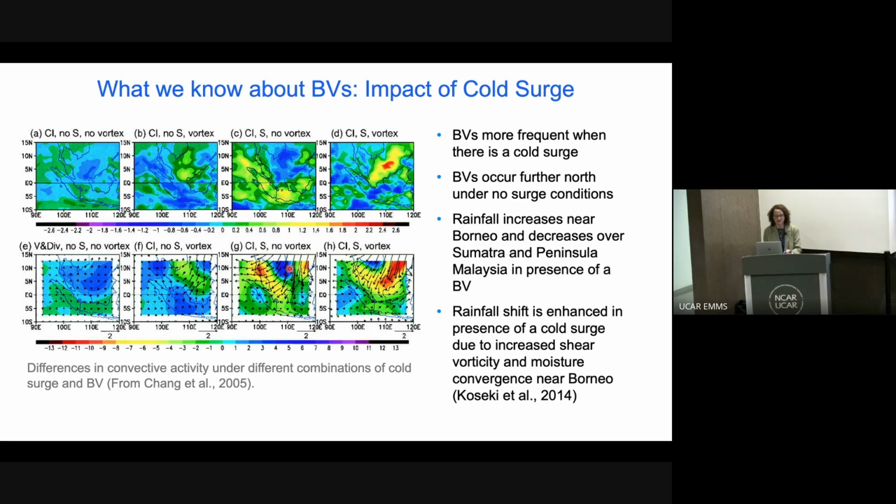If we have the combination of both cold surge and Borneo vortex conditions, we get the highest amount of convective initiation, and the center is shifted again, now to the northern part of Borneo and over the South China Sea, with the strongest low-level convergence near the surface. So along with these changes in convective initiation go changes in rainfall, and these are linked to the presence of the cold surge, due to induced shear vorticity and moisture convergence near the Borneo vortex.